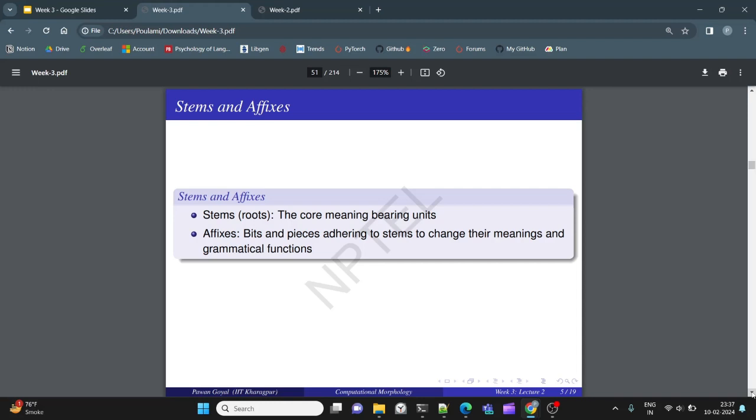Regular was the stem or the root. The stem or root carries the core meaning. That is the core meaning bearing unit. Whereas affixes change the meaning or add grammatical function to the root word. So that is the difference.